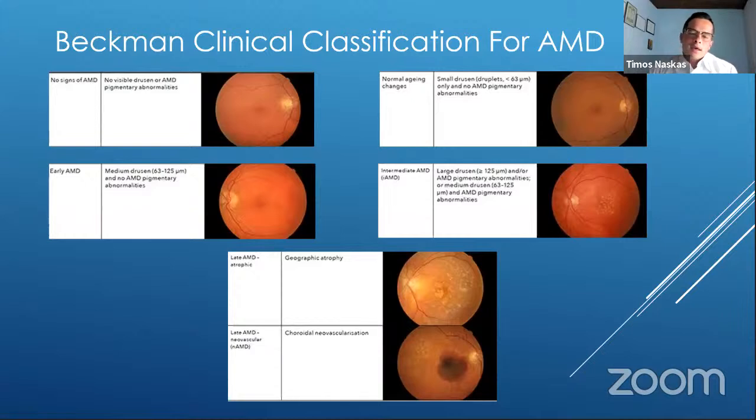So a key point of discussion here would be that, in a broad manner, some clinicians would term even the earlier stages dry AMD. So as long as there is no fluid there, even early AMD or intermediate AMD would be considered dry, which I personally disagree with a bit, but I can understand why they use this description for the earlier stages.